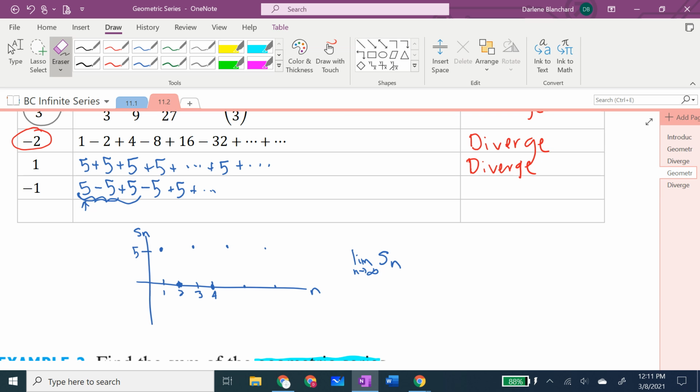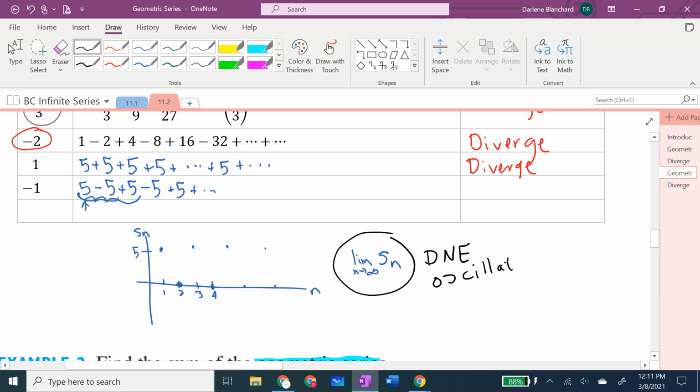We are not heading to one particular s sub n. That means that this limit does not exist due to oscillation. But oscillation alone doesn't cause the limit to not exist. It's the fact that it's not oscillating toward one number.